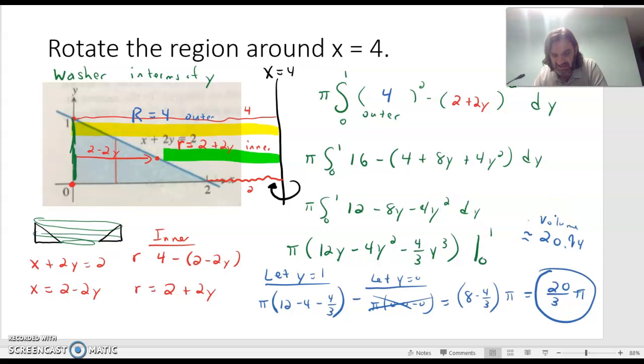I don't see any real issues right now, so I think we did a good job. Okay, it's not a very tall shape. It is going to be kind of wide, but 20/3 pi is an exact answer, and about 21 is an approximation.